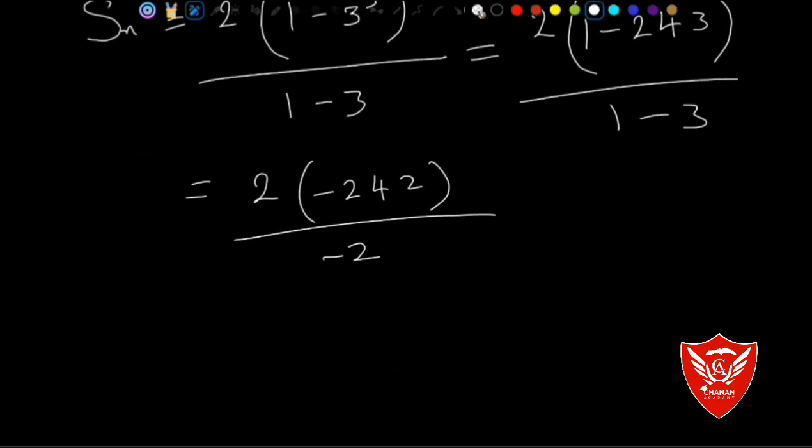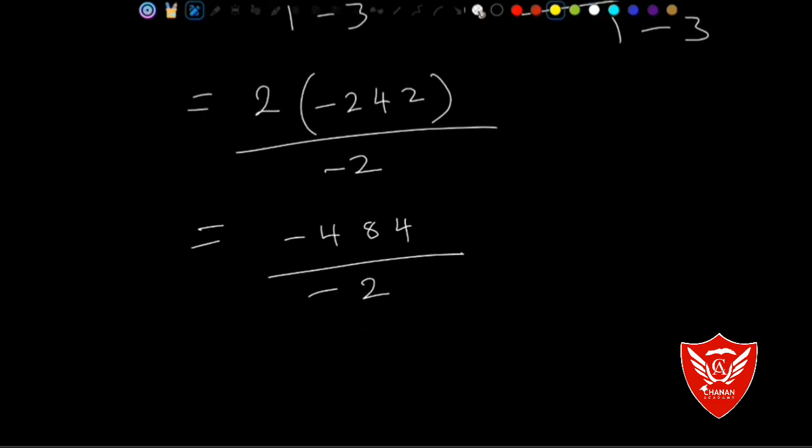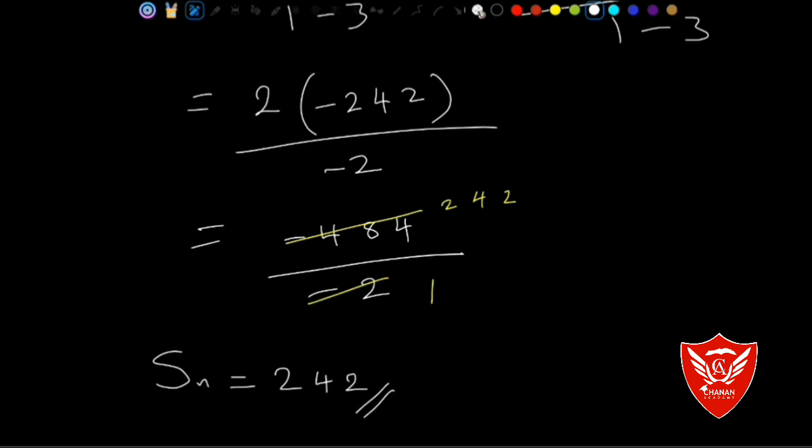And this is going to be equal to, if you open the bracket, minus 484 all over minus 2. If you divide this, minus 2 into minus 2 is 1, and minus 2 into 484 is 242. So our final answer, Sn, is equal to 242. So this is the sum of the first 5 terms of the geometric sequence given above.